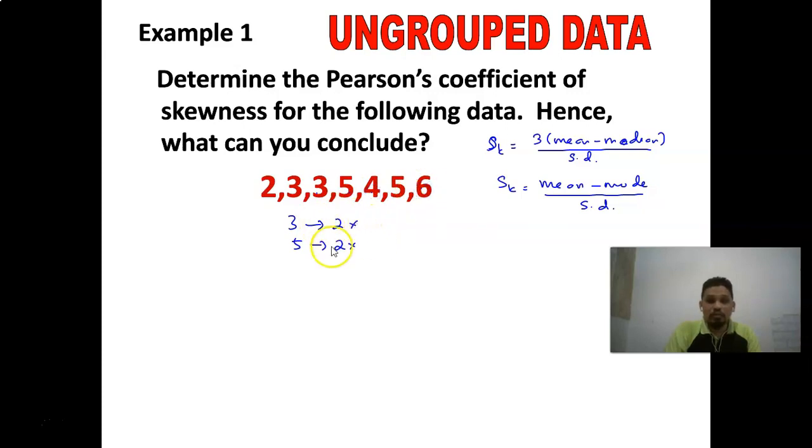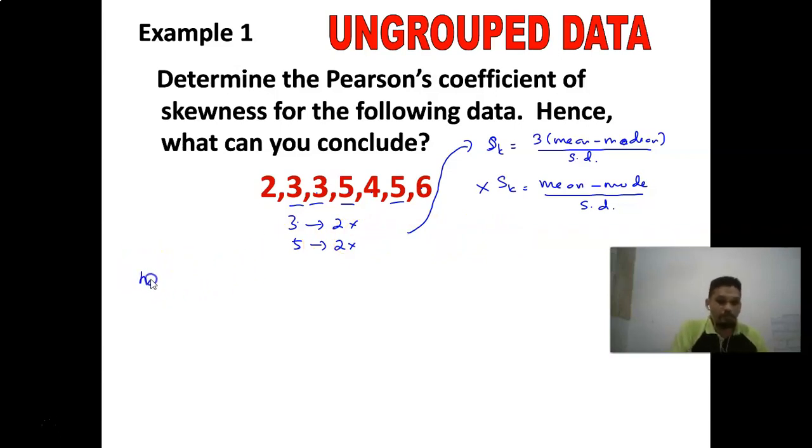So there are 2 modes, 3 and 5, each appearing twice, meaning there is no one mode. Then we cannot use this formula for this case. We can only use the formula of 3 times mean minus median divided by standard deviation.